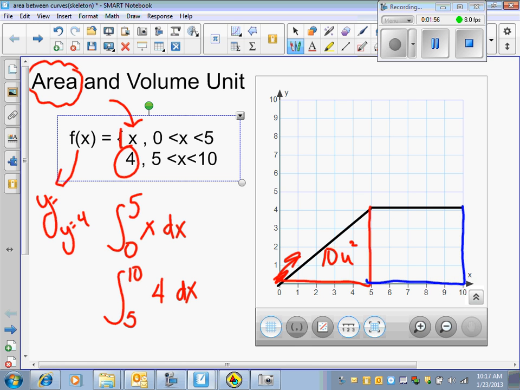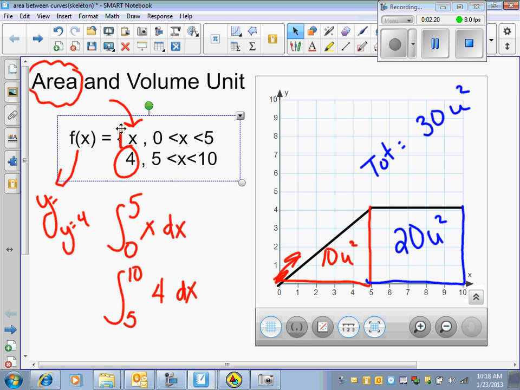This shape is a rectangle, and it is 5 by 4, which is 20 units squared. So the total area here is 30 square units. We could integrate that, but we would definitely get the same thing.